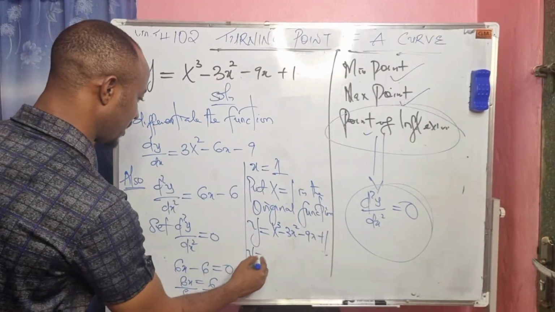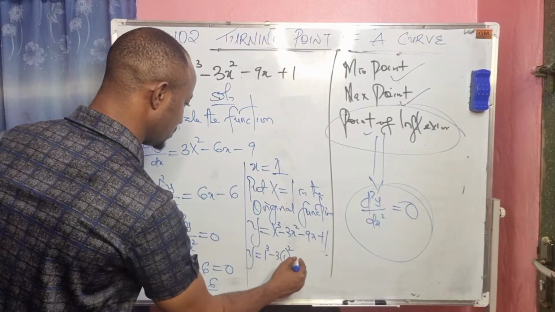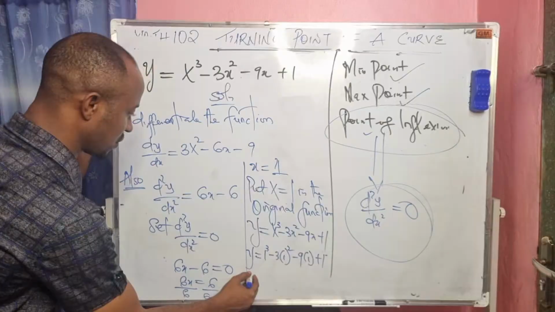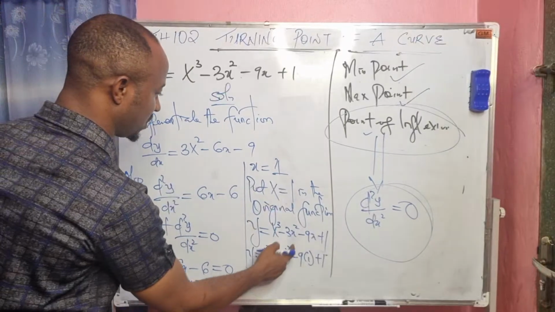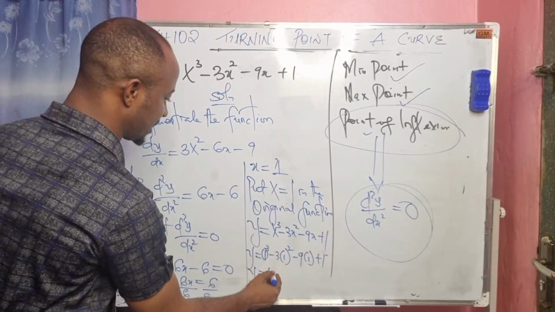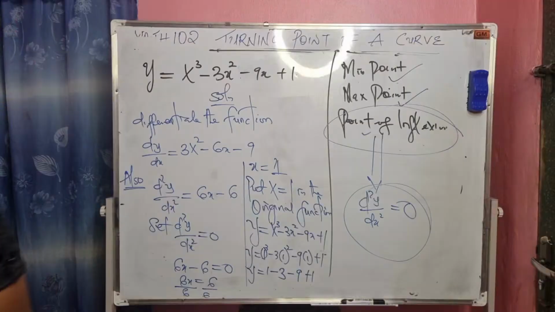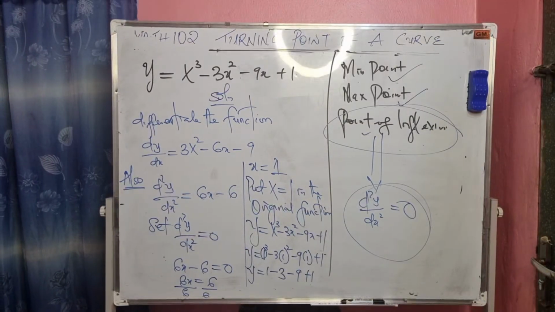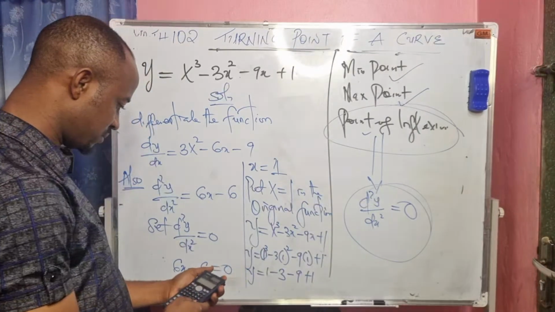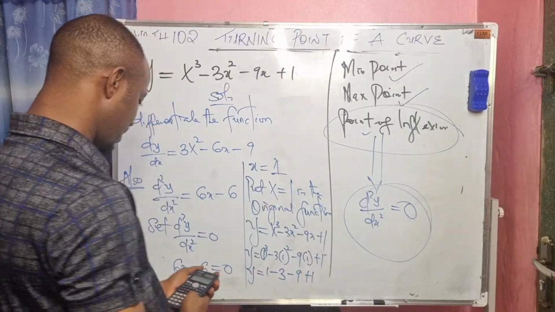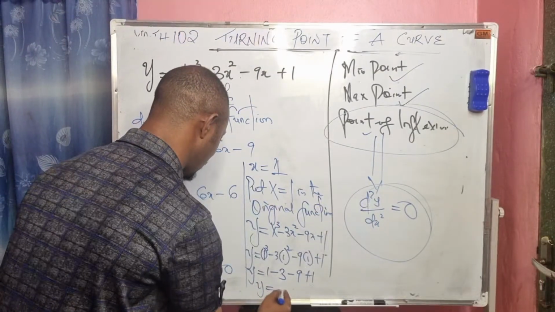So that will give us y equals 1 to the power of 3 minus 3 times 1 to the power of 2 minus 9 times 1 plus 1. 1 to the power of 3 is 1, 1 to the power of 2 is 1, 1 times minus 3 is minus 3, minus 9 plus 1. One minus 3 minus 9 plus 1, the answer is minus 10. So y is equal to minus 10.